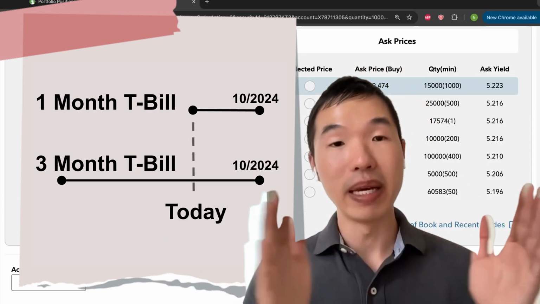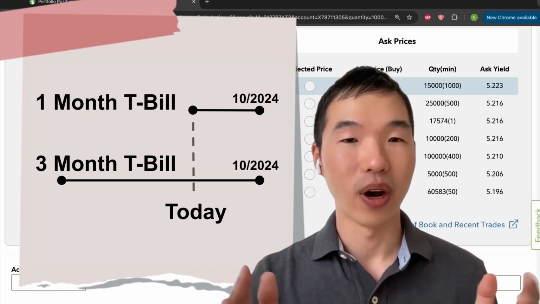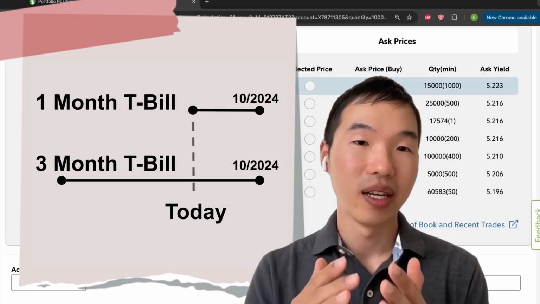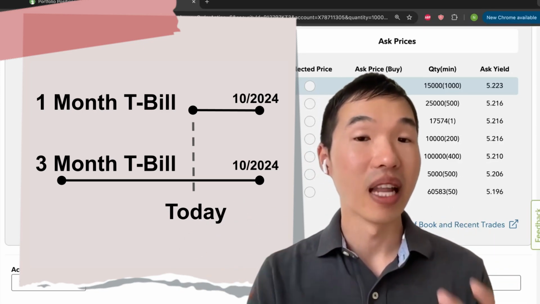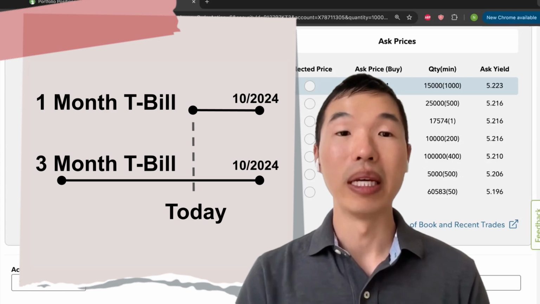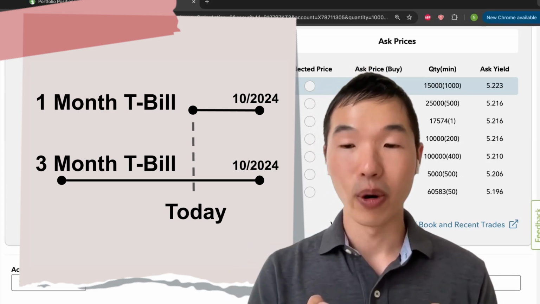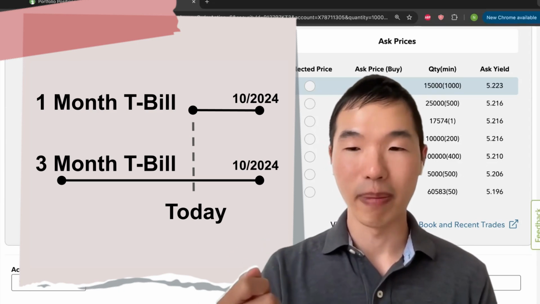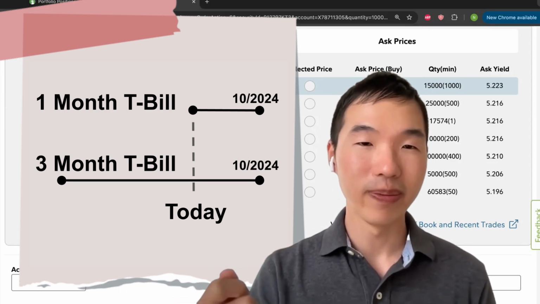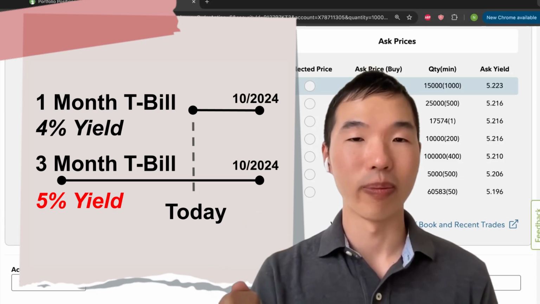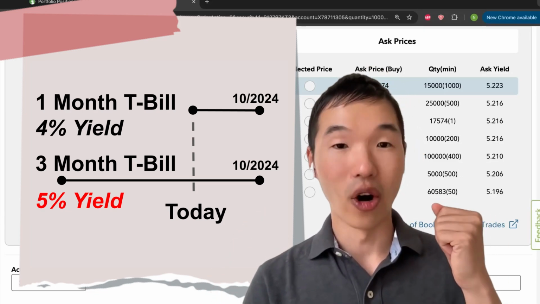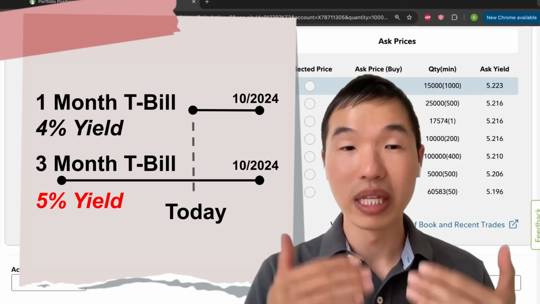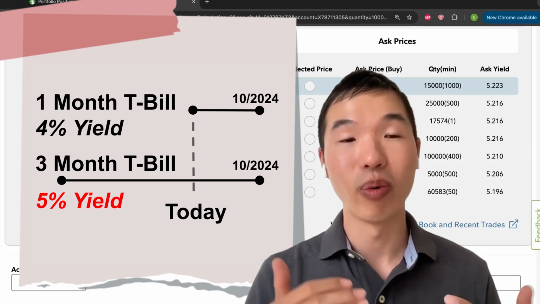Remember, it's already been about a month and a half on this Treasury bill that we currently own. So this Treasury bill only has a month plus a few days left before it matures. So in theory, a person who invests in Treasury bills would be ambivalent between buying a new issue Treasury bill, which has a yield of 4%, versus our existing Treasury bill, which currently shows here on the screen a yield of 5.2%.